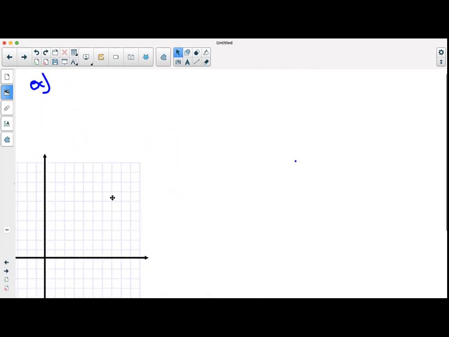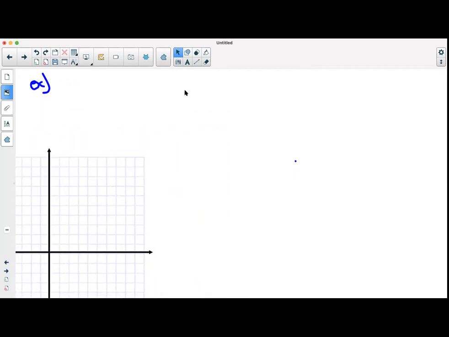So from here, you have x-axis equal to fuel, and y-axis equal to distance.